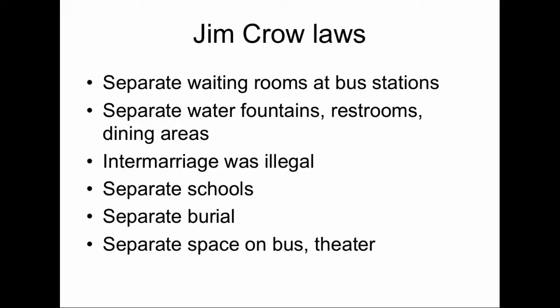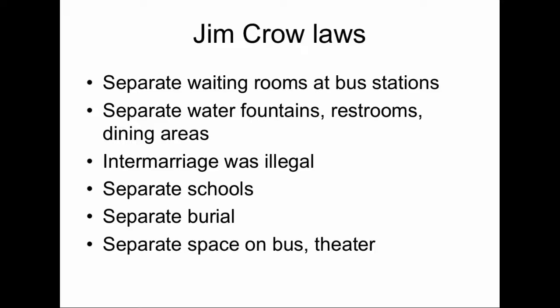There were some states that actually literally wrote laws saying that blacks and whites could not eat in the same space. There's one state, I think it was Alabama or Georgia. They actually had a law that said that if you were going to serve blacks and whites, you had to build a separate room for each race.